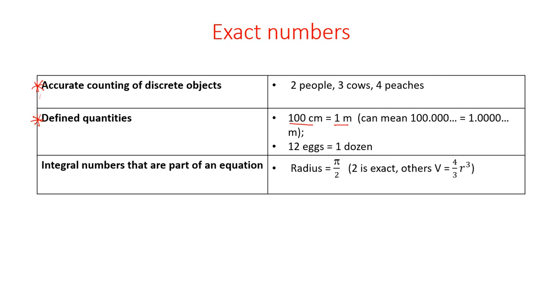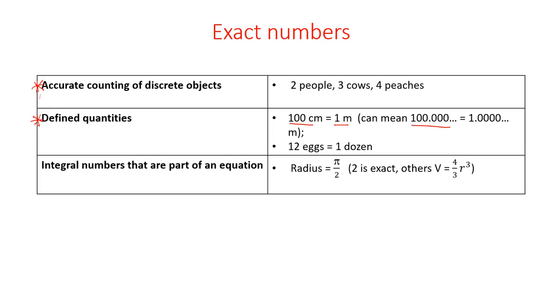No, we just ignore them, because 100 centimeters equal to 1 meter can mean 100.000 is equal to 1.000, infinite. So we really don't focus on their significance. We just ignore them.